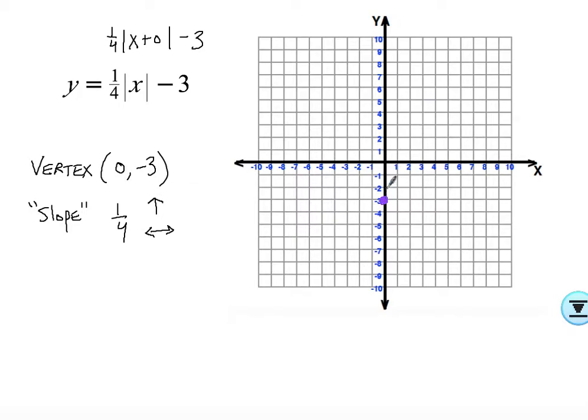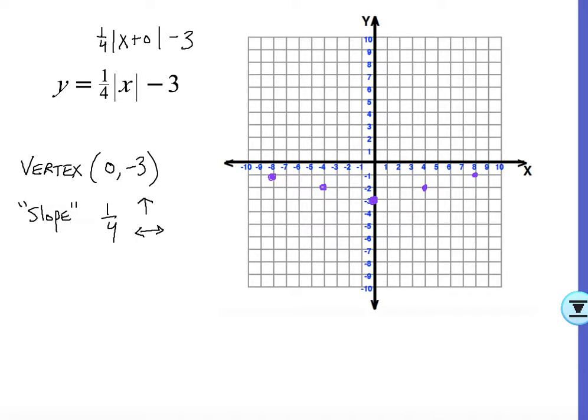Then I'm going to go up 1, over 1, 2, 3, 4, and up 1, over 1, 2, 3, 4 again. I'll go back to my vertex and go up 1 in the other direction, over 1, 2, 3, 4, and again. Now, I know my graph should open up because that value out in front, the 1/4, is positive.